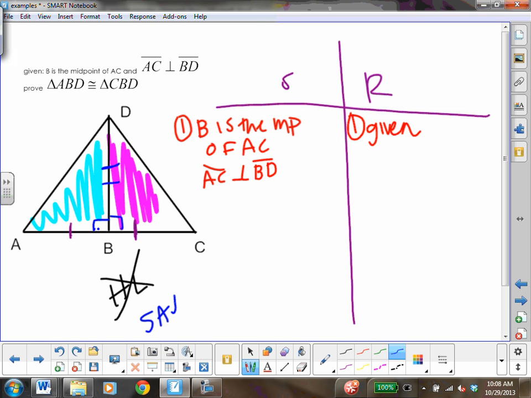I'll start with the midpoint. Since B is a midpoint, AB has to be congruent to BC because of the definition of midpoint.